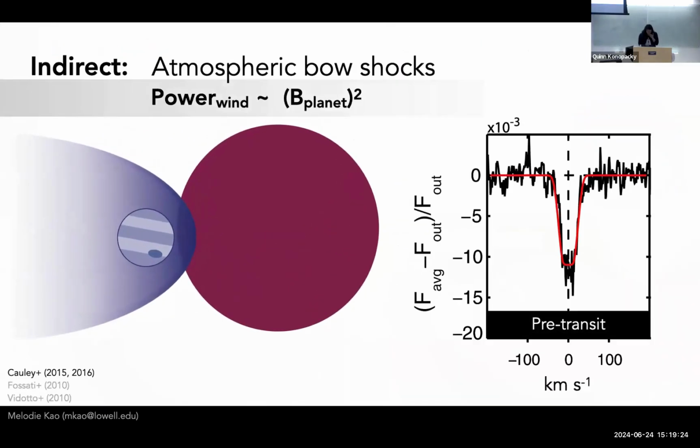Now, early on, around 2011 through 2015-ish, there was some interest in measuring pre-transit bow shocks, where essentially the idea is that you have this ionized material from the host star that's piling up against the magnetosphere of a close-in planet, and then it gets shocked, and that dense material will absorb some of the starlight.